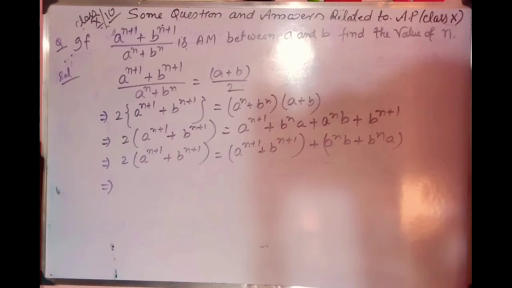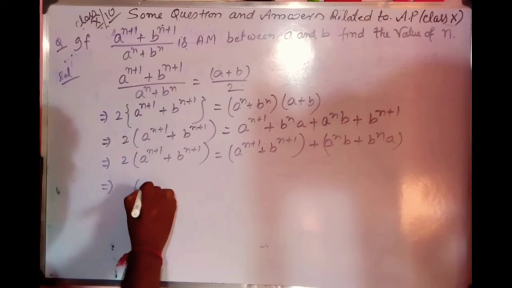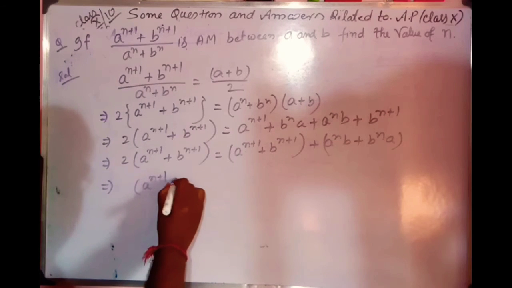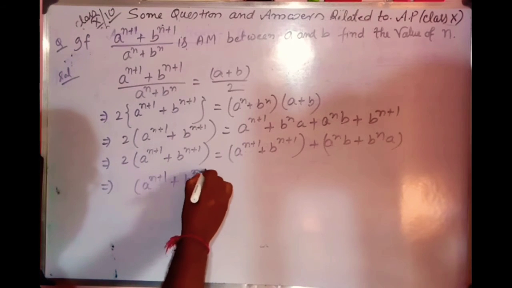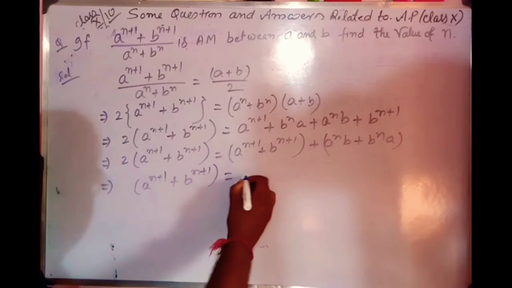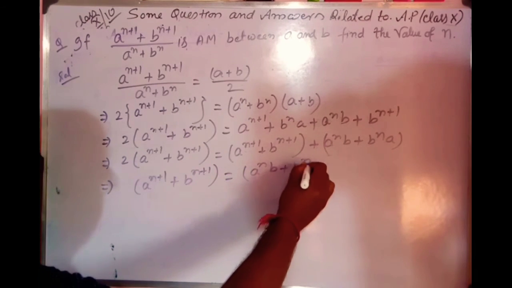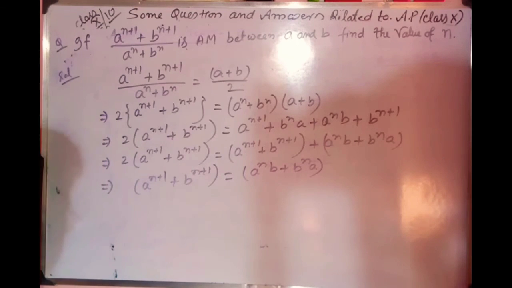So we are getting a^(n+1) plus b^(n+1) equals a^n into b plus b^n into a.